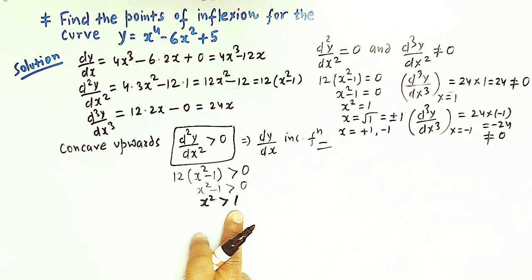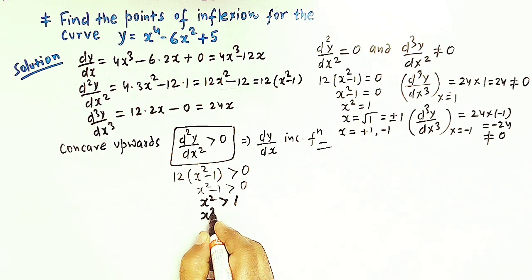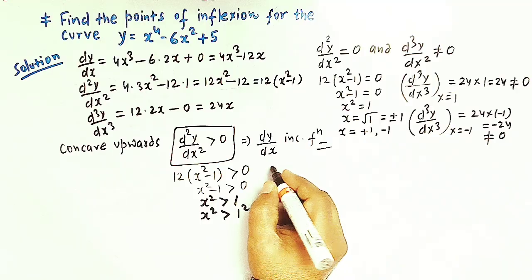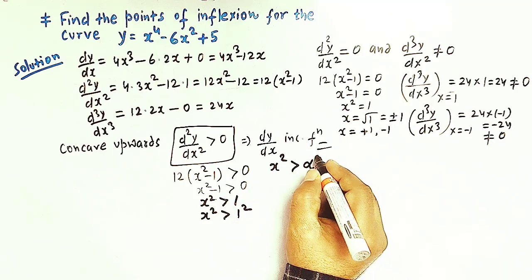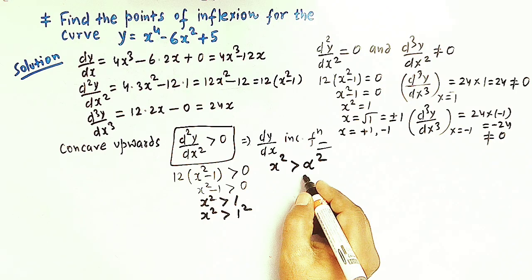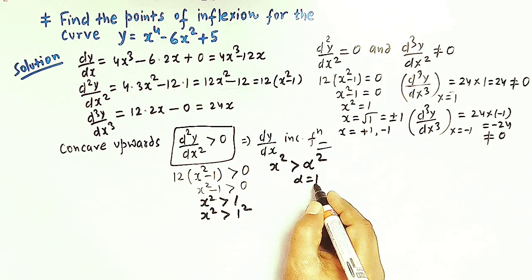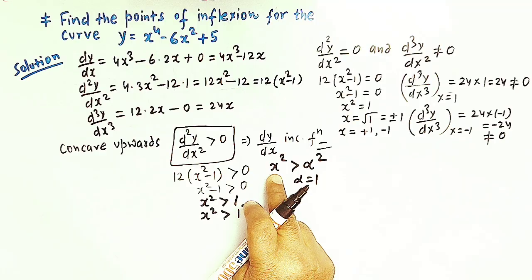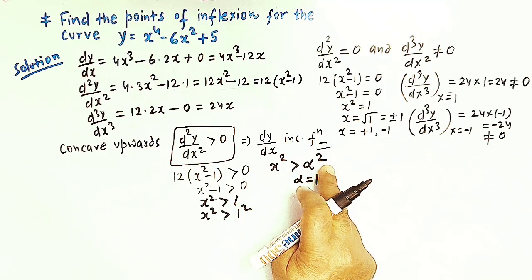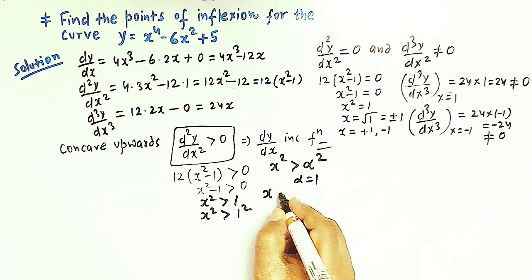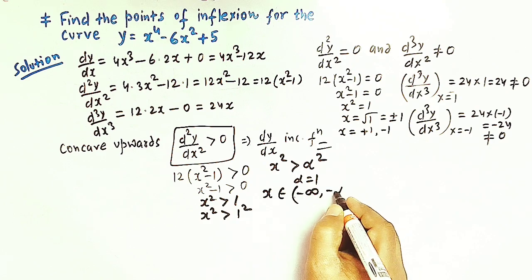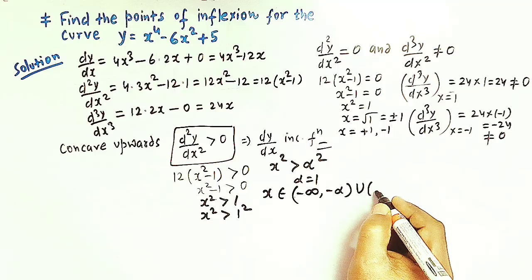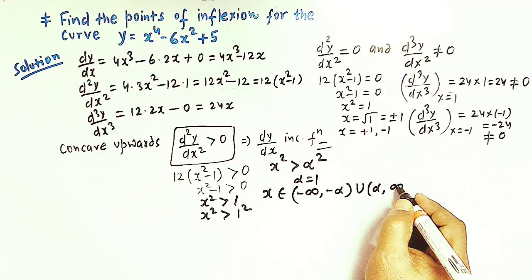So now let us solve this inequality. So we can now write x square greater than 1 square. So this inequality is of this form, that is x square greater than say alpha square, right? And here the value of alpha is equal to 1, and we know that the solution of this type of inequality is given by x belonging to the interval minus infinity to minus alpha union alpha to infinity.